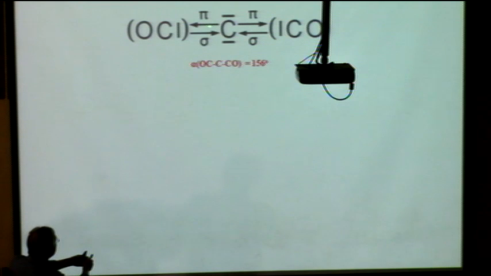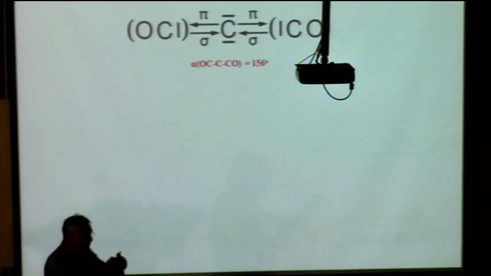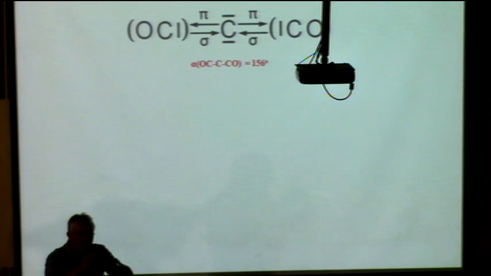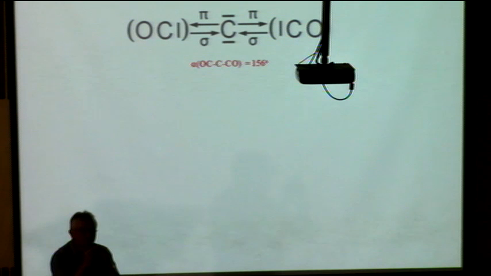It's usually stronger than the pi back donation, and the bonding angle depends on the strength of the pi back donation. And if the ligand becomes a better pi back donor, then it widens, and if it's a poorer pi back donor, then the angle becomes more acute.